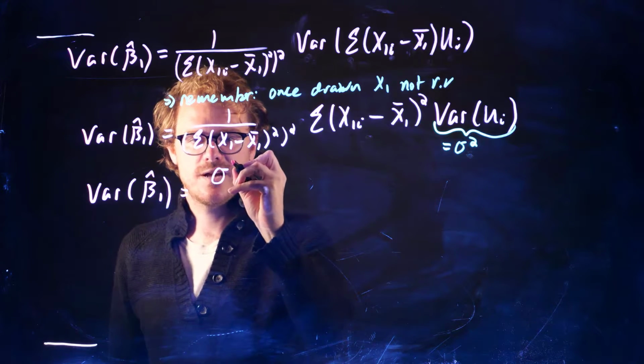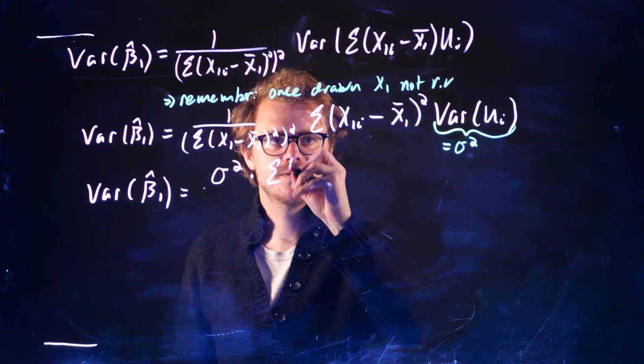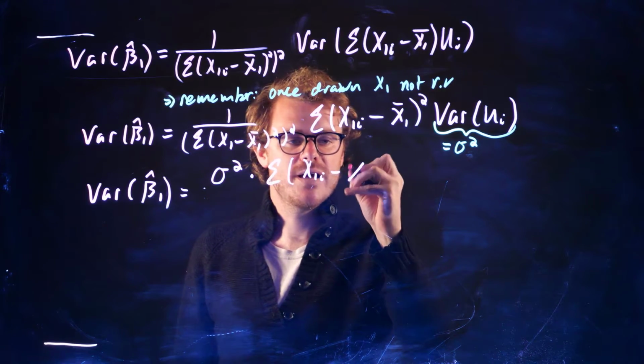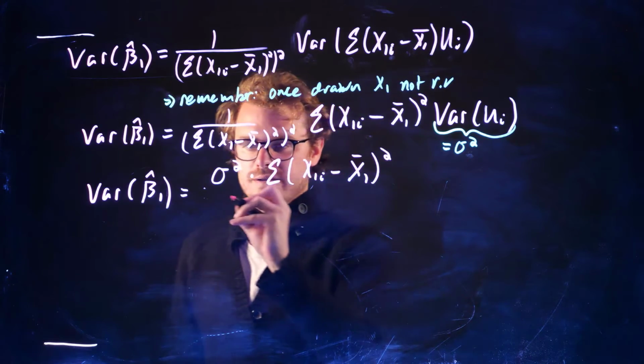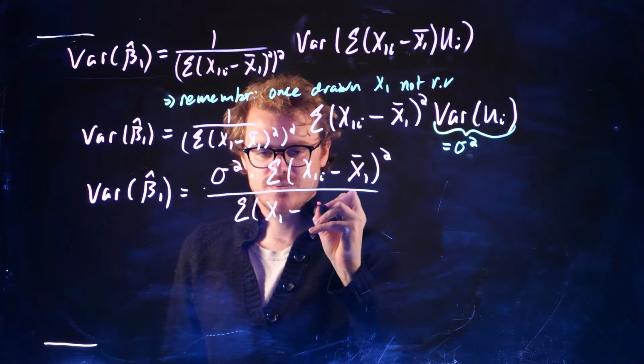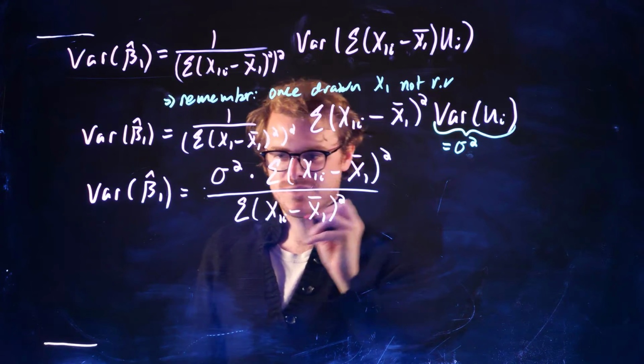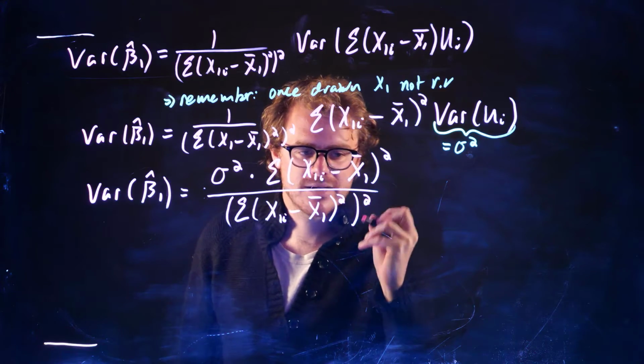So if we take that out of the sum, we get sigma squared times, that dot is supposed to be a times, x1i minus x1 bar squared over this whole denominator here, x1i minus x1 bar squared. Remember, we squared the whole thing.